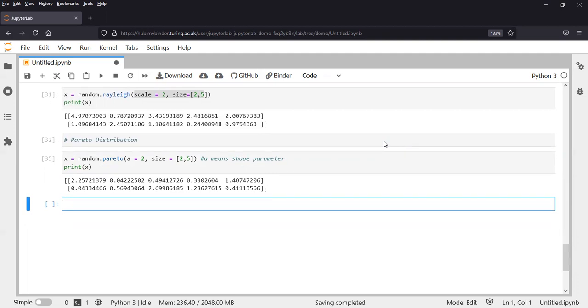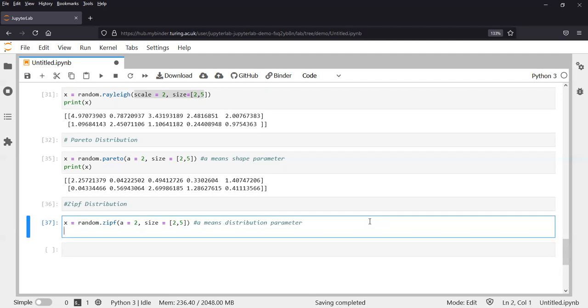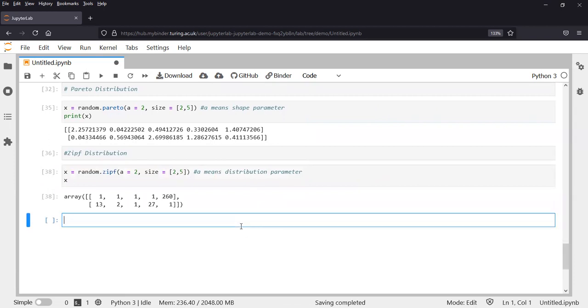And the next here is the gamma distribution. So x is random dot gamma, a is 2, size is 2 by 5. The a here means the distribution parameter.